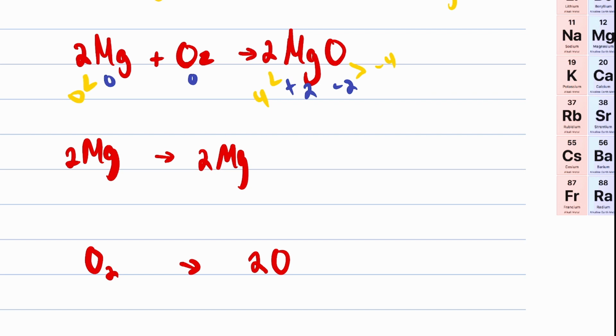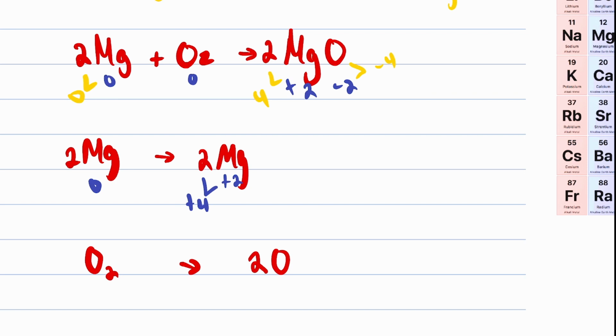So it's by itself, so we already said that's 0, right? And then over here we identified that it was plus 2, but there's 2 of those, so really it's gonna be plus 4, right? Questions here? So it went from 0 to plus 4. Did it gain or lose electrons?